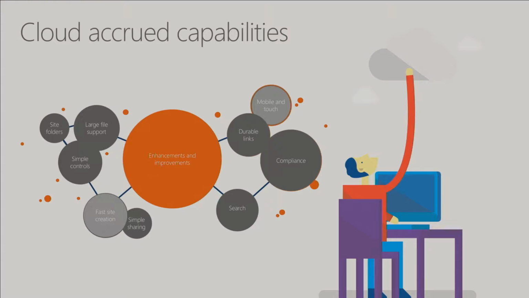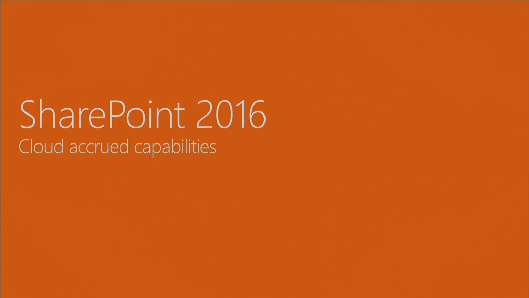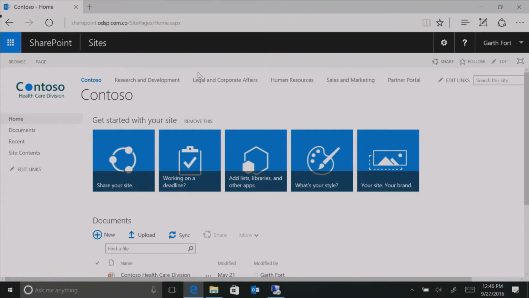So looking at that, the first part of this session today, again, is a recap of SharePoint Server 2016. A very short recap for those of you that aren't familiar with some of the capabilities that exist in that particular product. So if I go ahead and switch over, I'm just going to walk through some of these very briefly.